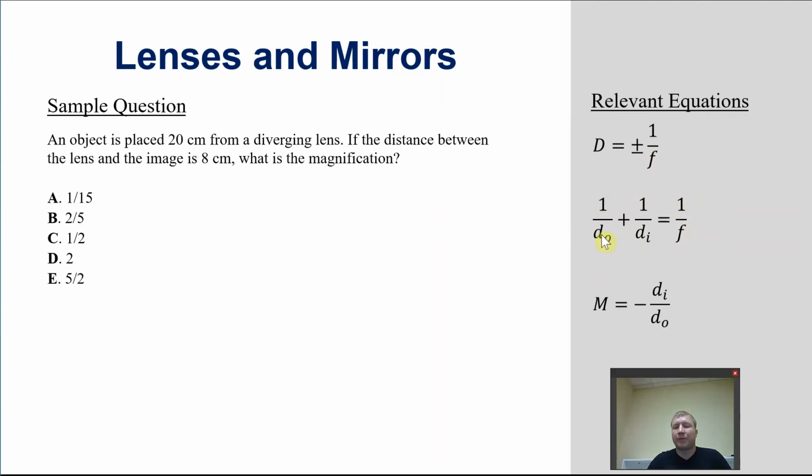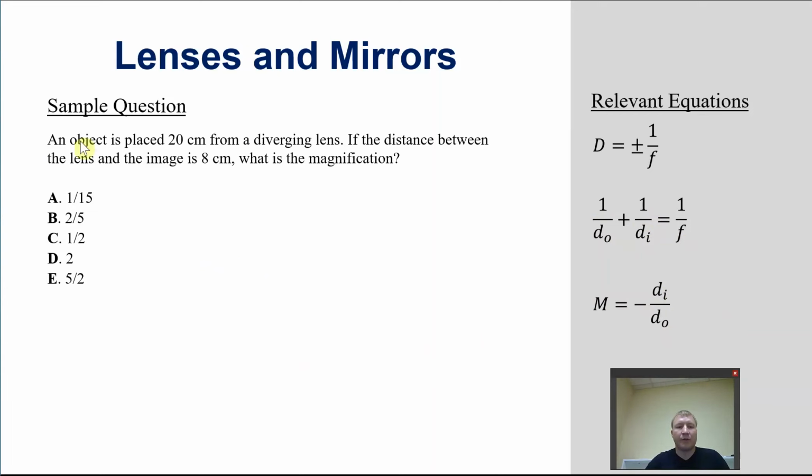This is the distance between the object and the lens, this is the distance between the image and the lens, and this is the focal length. And remember that this could be negative if the image is virtual, and this is the magnification. It's just the distance to the image over the distance to the object.